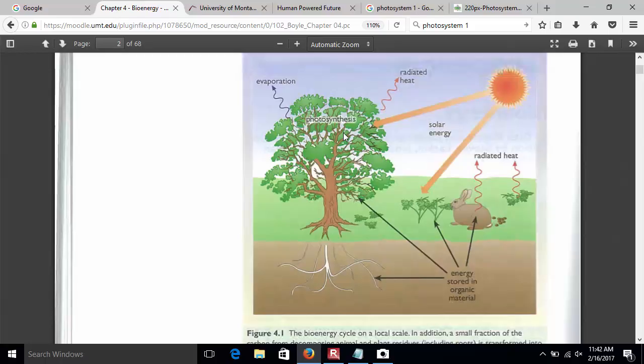Once these carbon bonds are formed, the animal says, yum, I will take those, break them down, turn them into glucose, and power my brain and my muscles with them. The rabbit itself, just as the rest of us, is not at thermodynamic equilibrium with nature. We're warm-blooded, so we are always radiating.